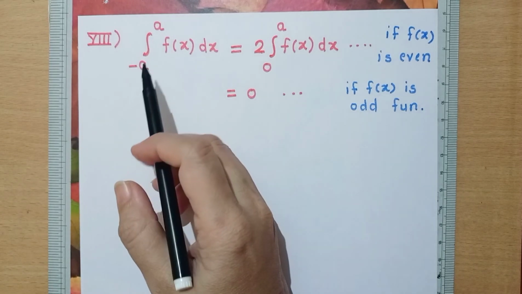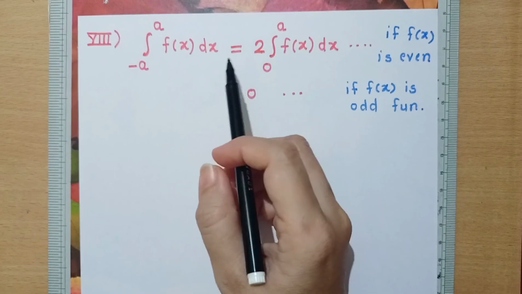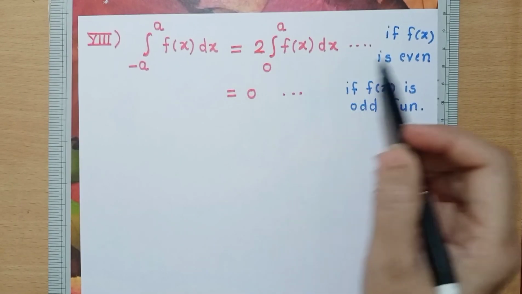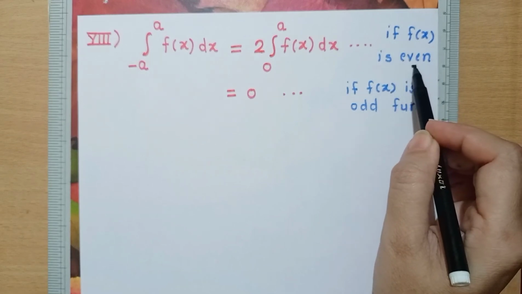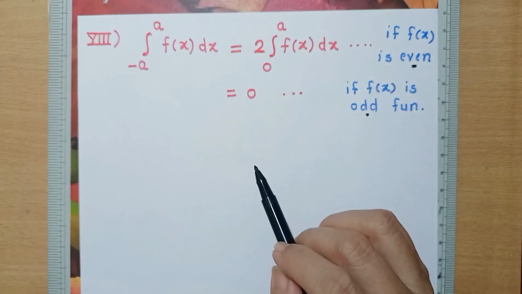This is our eighth property: integration from minus a to a f(x) dx equals 2 times integration 0 to a f(x) dx when f(x) is an even function, and this is equal to 0 when f(x) is an odd function.